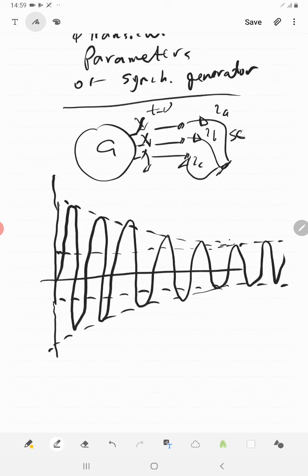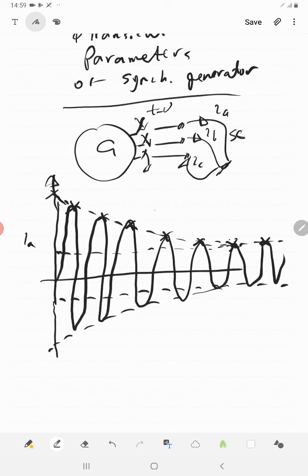This is what we have, IA. Now if we go to the maximum values of this, here is a point, another point here, another point, and it will intersect the y-axis at this point.